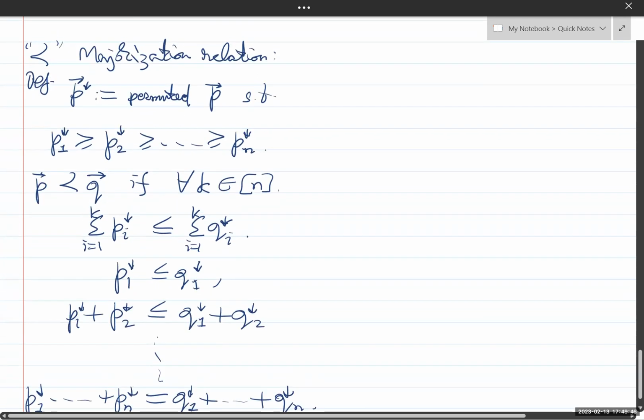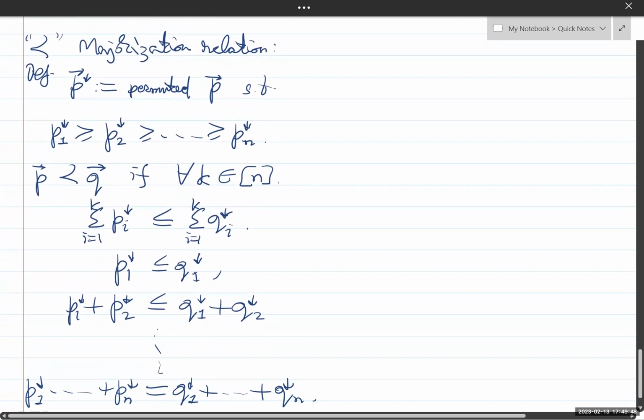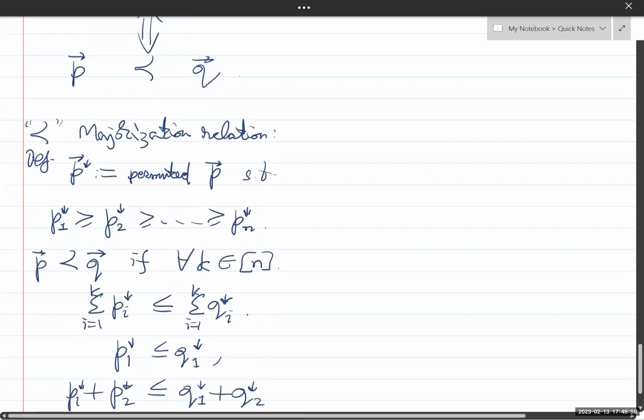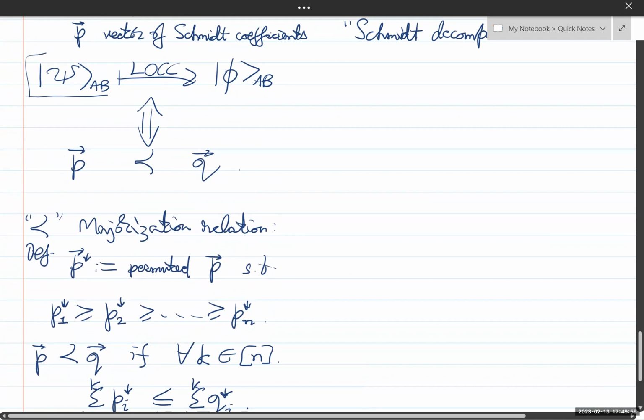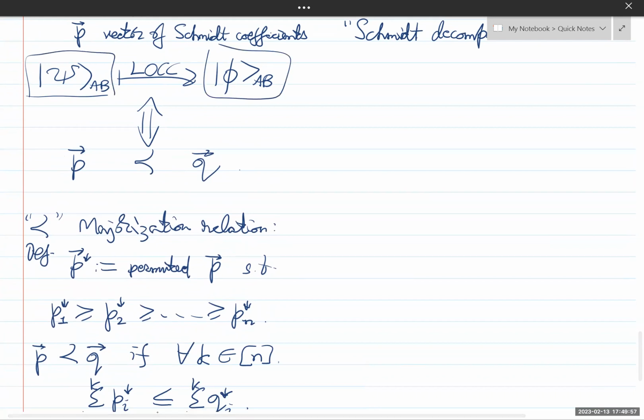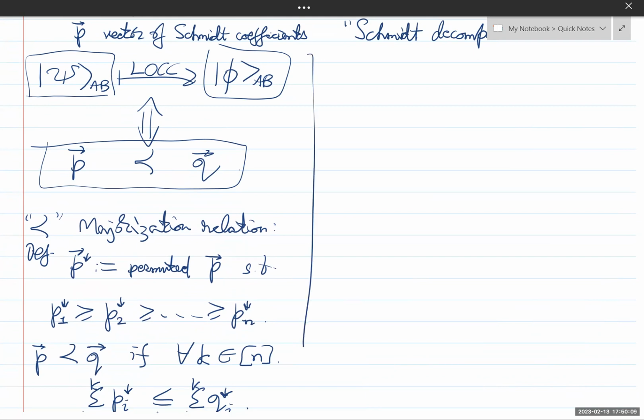Okay, so in short, there exists an LOCC channel that can deterministically map a given pure state to another given pure state if the vectors of their Schmidt coefficients obey the majorization relation. This is something that comes from Nielsen. It's called Nielsen's theorem.